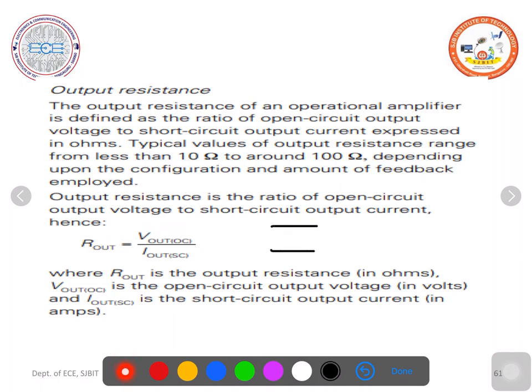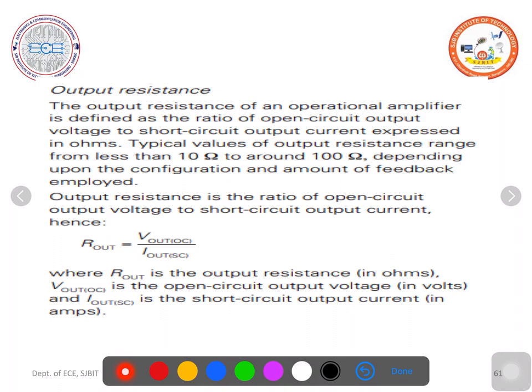Output resistance, once again very simple, Ohm's law: output voltage to the output current. But here we take the open circuit output voltage to the short circuit output current. Current flows in a closed path, so here is a short circuit. Here we measure the output voltage; we open it and measure it.